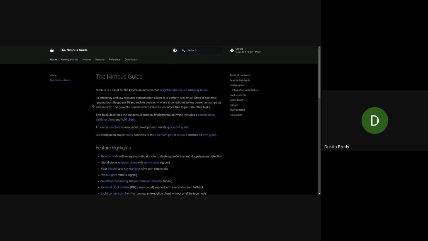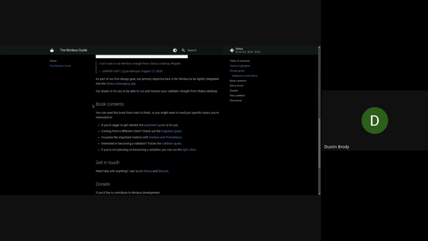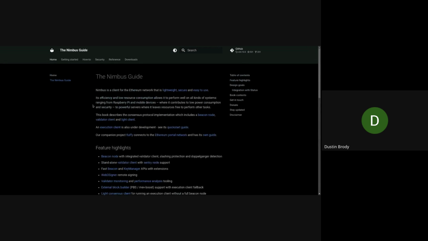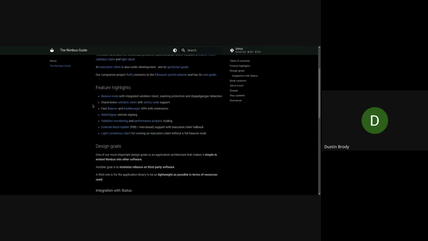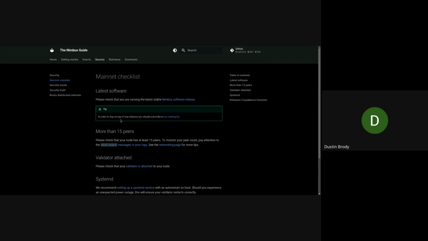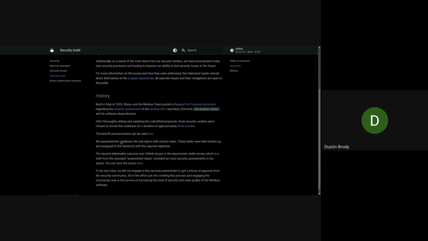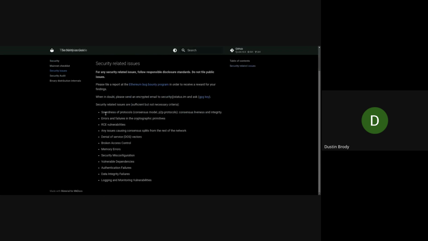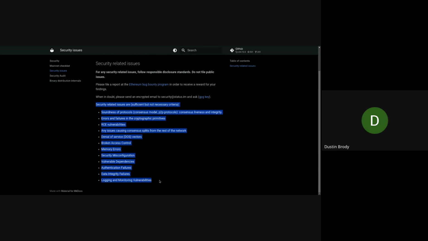Okay. So now, this is just to start with, and this is a user-oriented guide for sure. We have a security section, and we mention the security audit here. That said, this gives some examples of things to look at.